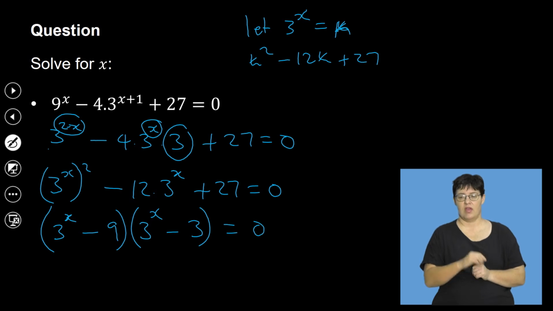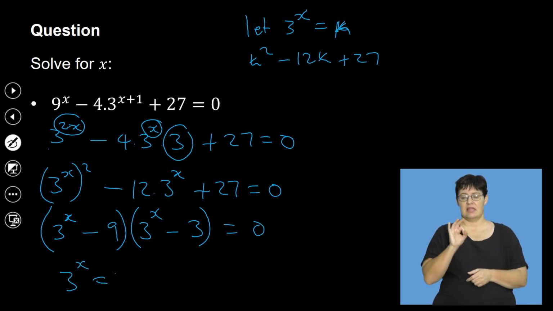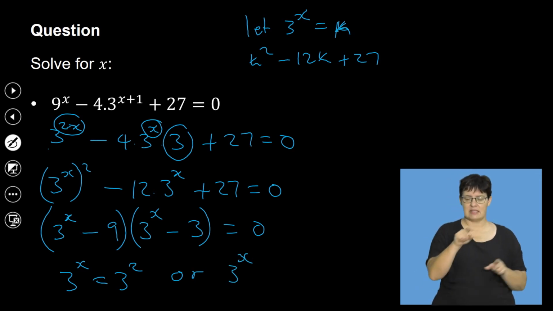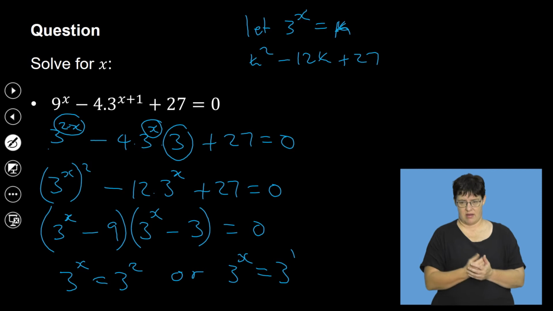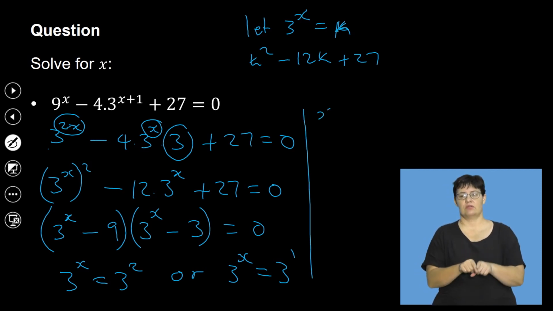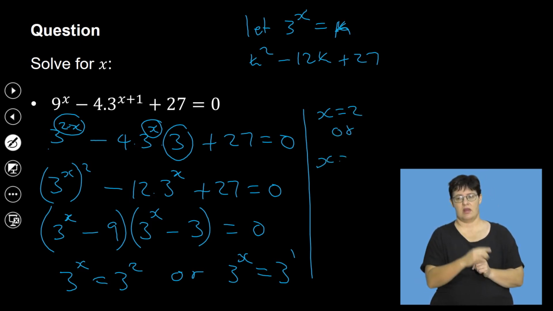Equal to 0. And therefore, this will be 3 to the exponent of x equals 3 squared. Why 3 squared? Because 9 is the same as 3 squared. Or 3 to the exponent of x is equal to 3 to the exponent of 1, right? Then my final answer here will be x is equal to 2 or x is equal to 1.